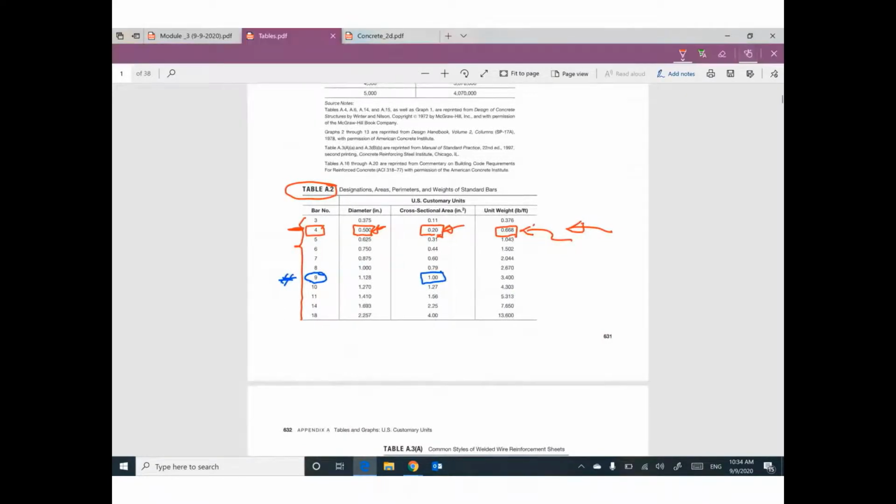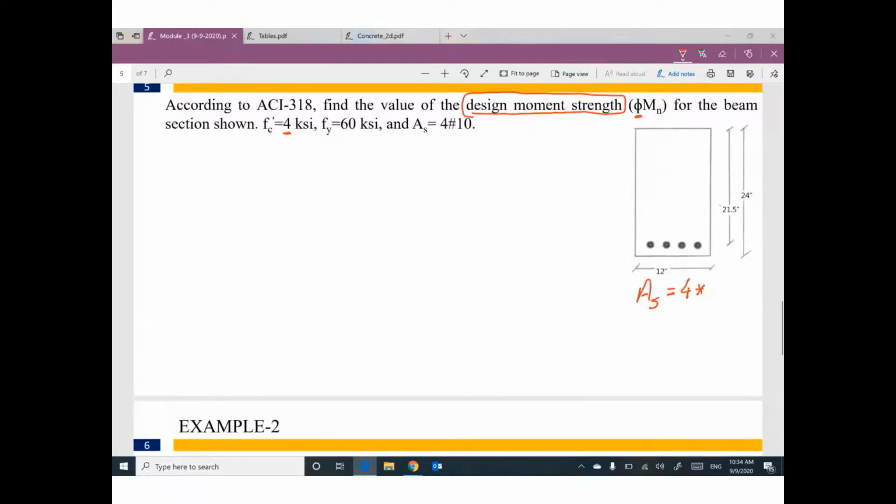What is the area of the cross section of a number 10? 1.27. So 4 times 1.27, the area of steel equals 5.08 square inches.